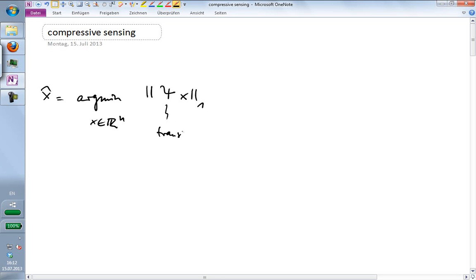So this is a transformation into a space in which the signal is sparse. And you want the whole thing to be close to the observed data, of course.